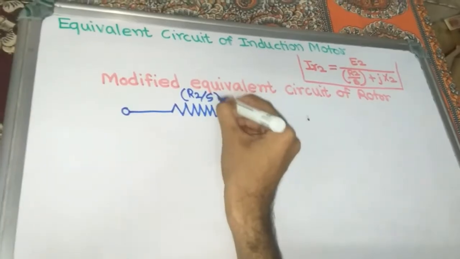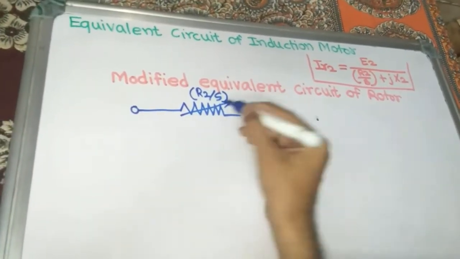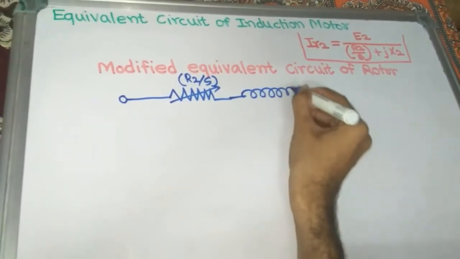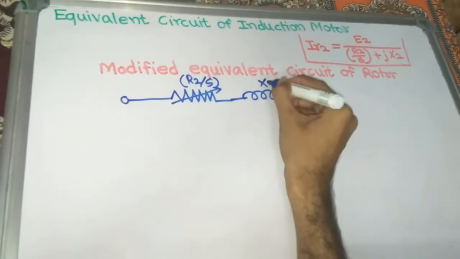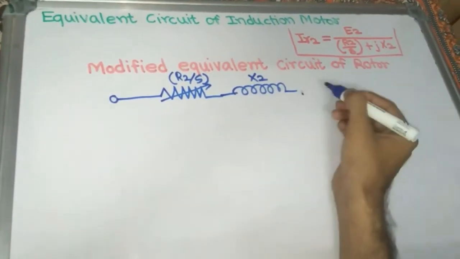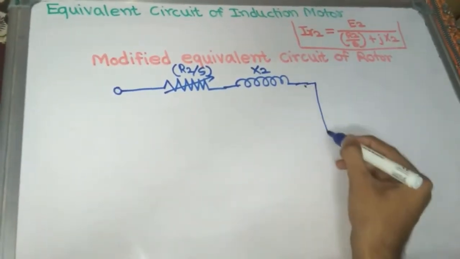So R2 by S is variable, so we make the variable sign here. And the leakage reactance X2 now does not depend on slip, so here it is not S into X2, X2 becomes constant, so only X2 comes, and this is the short circuit path.